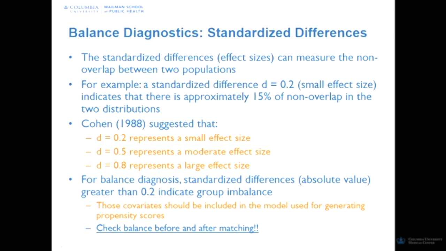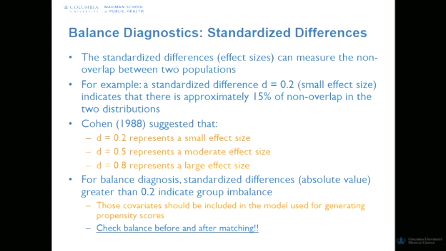And remember one of the rules of thumb for Cohen's D: if you have an effect size of 0.2, that represents a small effect size. If you have an effect size of 0.5, then that's moderate. Anything that's 0.8 and above, that's a large effect size.